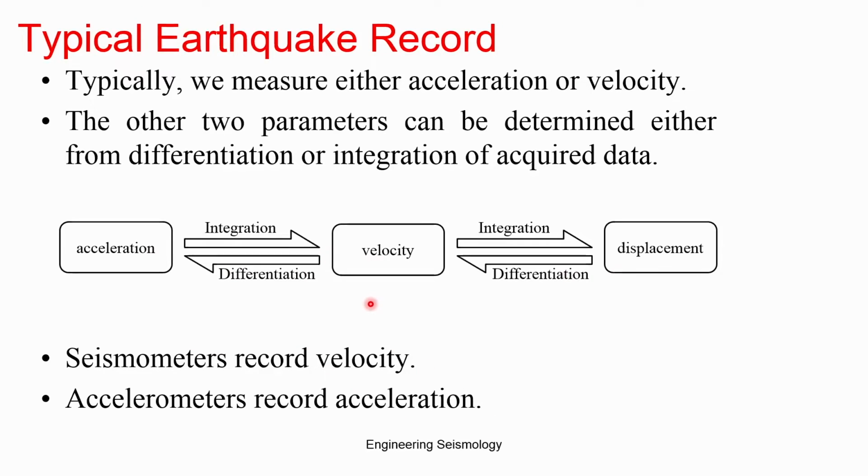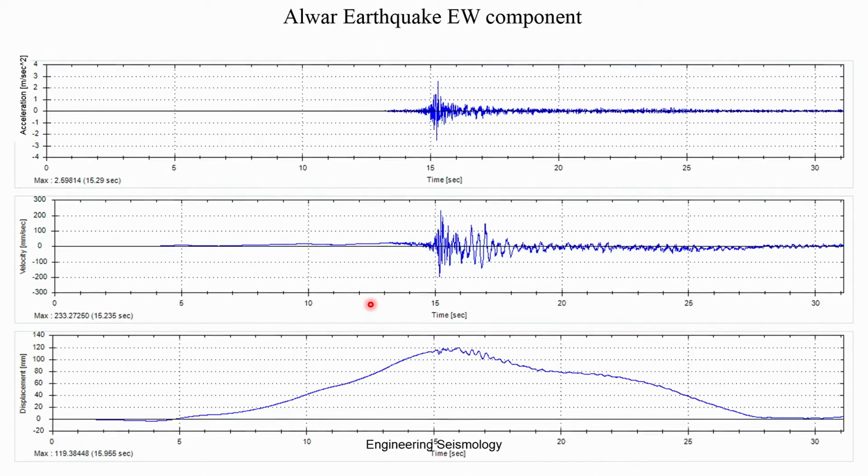Any station will have one type of record, it may be acceleration or velocity, and it can record one component or three components, depending upon the instrument type. Each component of the data can be converted into three forms: velocity versus time, acceleration versus time, and displacement versus time.